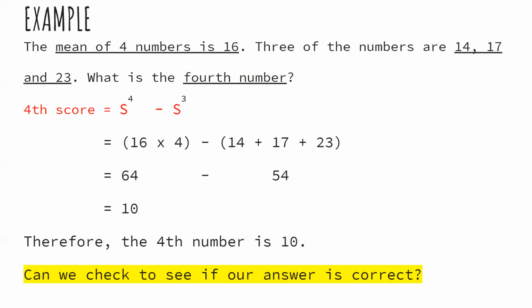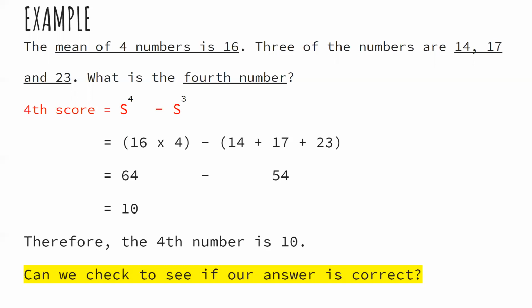To find the sum of 4 numbers, we had to multiply the mean by the number of values. To find the sum of the 3 numbers, we simply added those numbers, 14 plus 17 plus 23. And we see here the missing number is 10. So 10 is the fourth number. So now we know that the 4 numbers are 14, 17, 23, and 10.